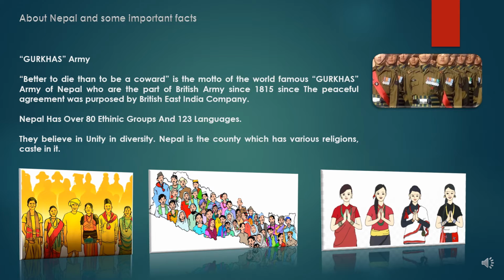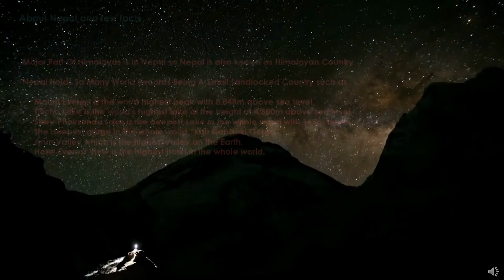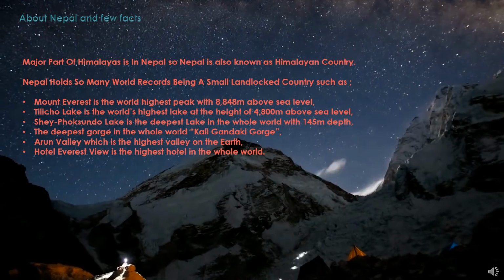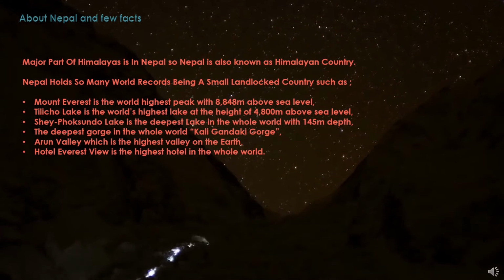They believe in unity in diversity. Nepal is the country which has various religions in it. The major part of the Himalayas is in Nepal, so Nepal is also known as the Himalayan country.